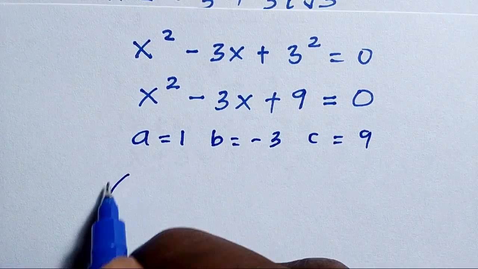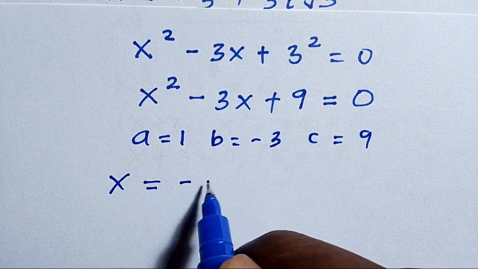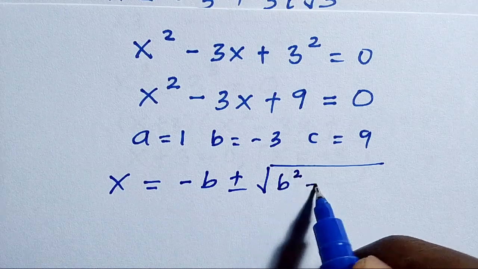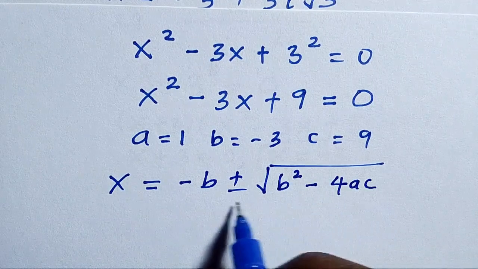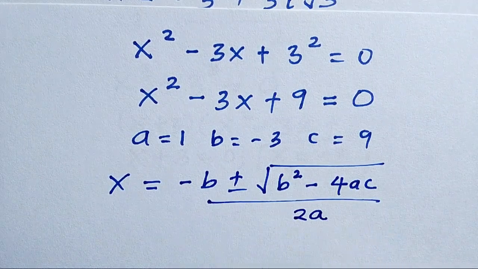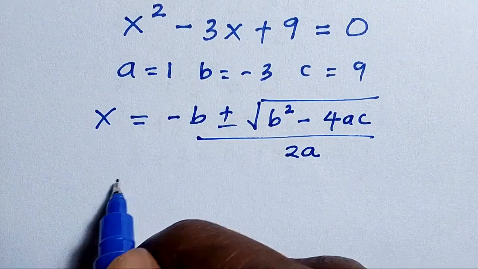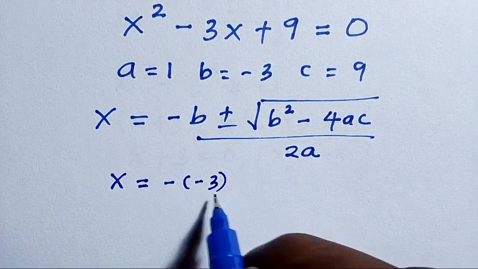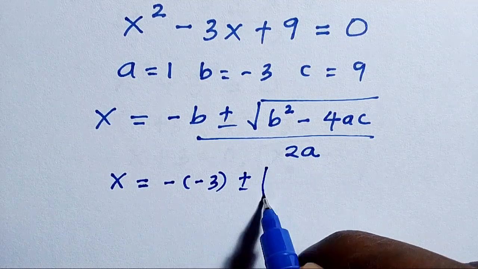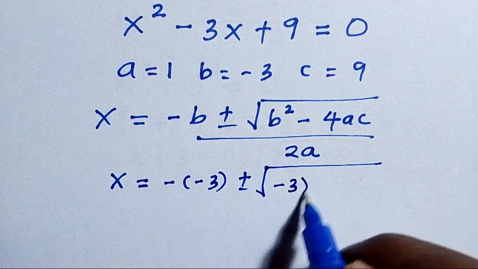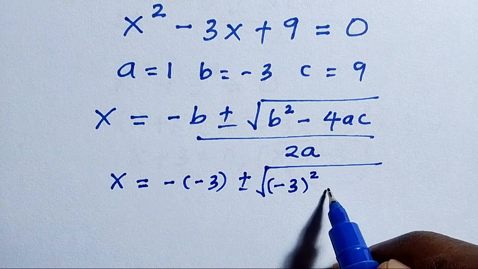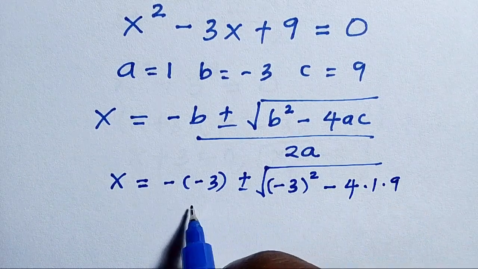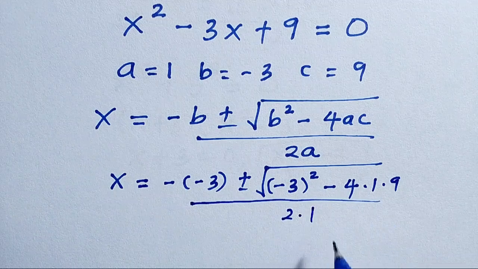By inputting this in the quadratic equation, x equals minus b plus or minus square root of b squared minus 4ac, divided by 2a. When we substitute this, we have x equals minus into bracket of minus 3, plus or minus square root of (minus 3) raised to power 2 minus 4 multiplied by 1 multiplied by 9, divided by 2 multiplied by 1.